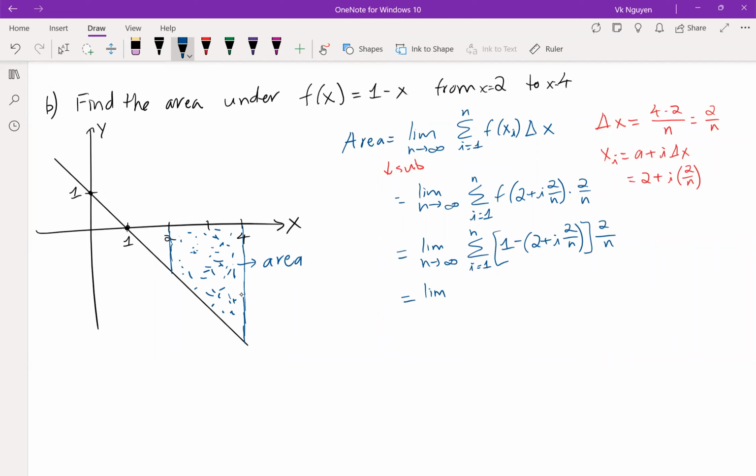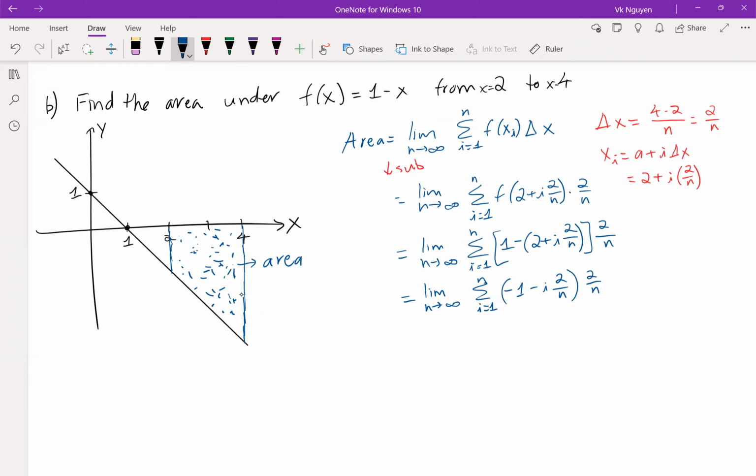Simplify this one. Okay, so 1 minus 2 is -1. 1 minus i, it's going to be minus i times 2 over n. And then I'm going to multiply this by 2 over n.